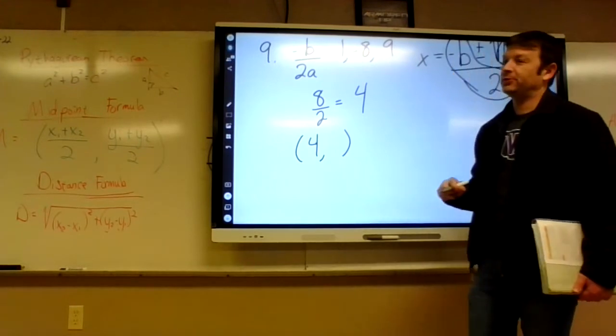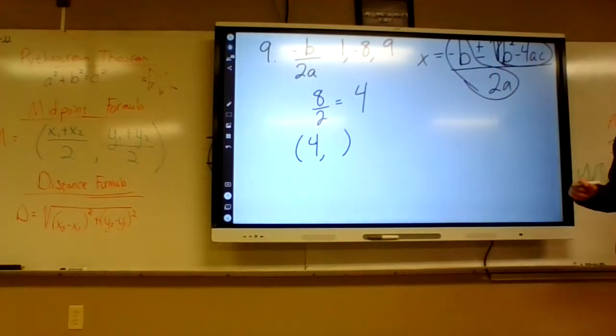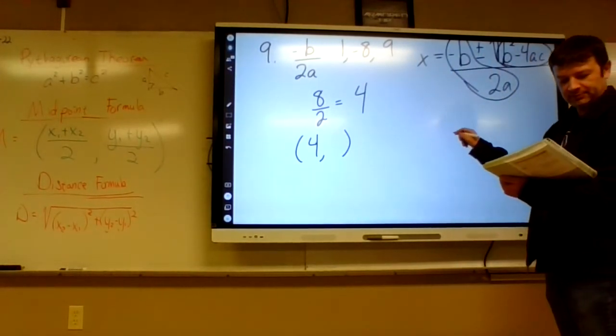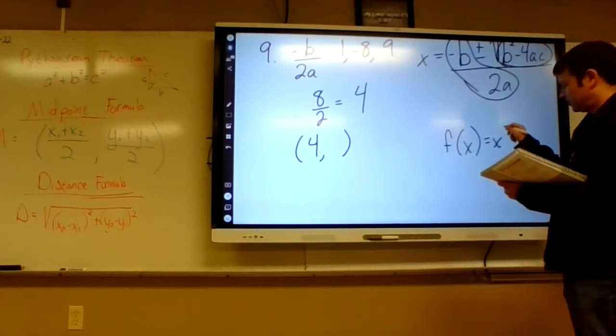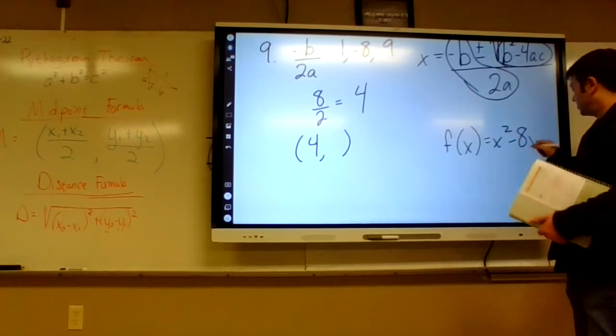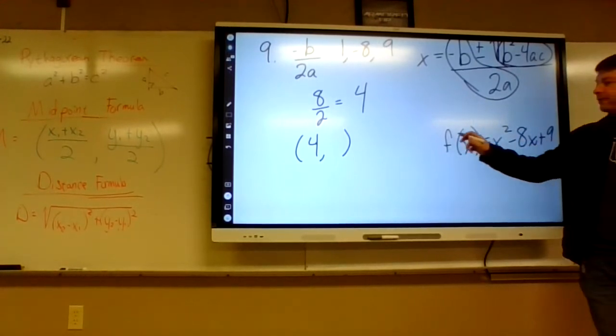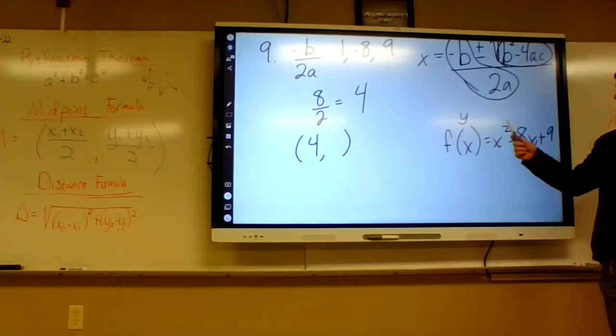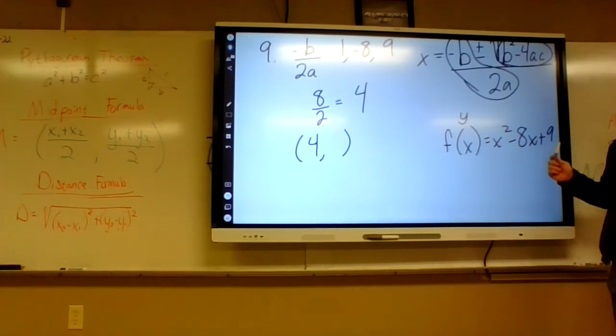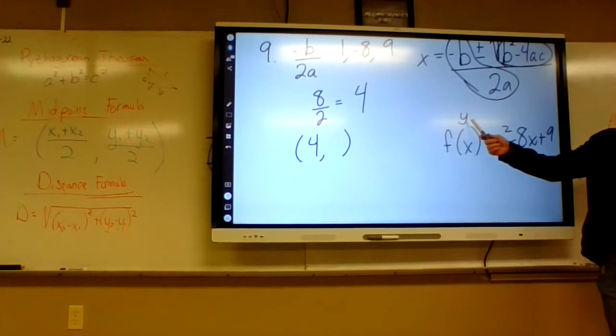Guess how we find the y-coordinate? Well, f of x is basically the y, right? So if I just plug the x in, 4 here and here, and work that out, that gives me the y value that goes with it.